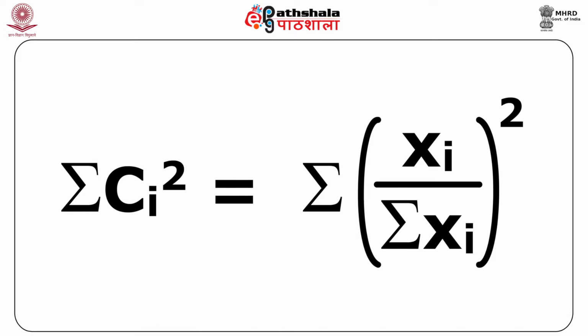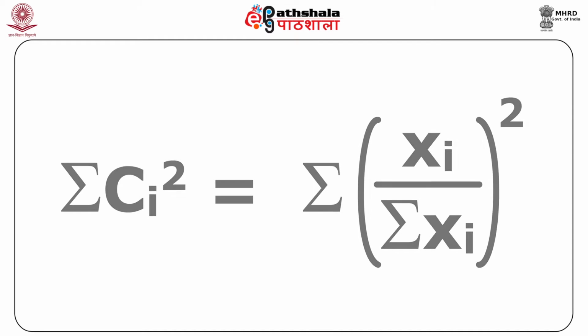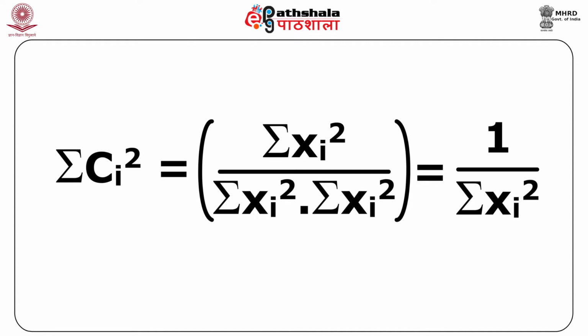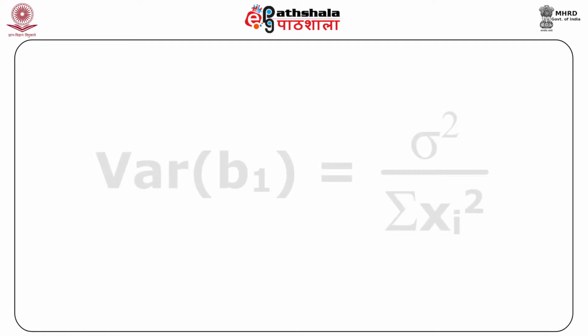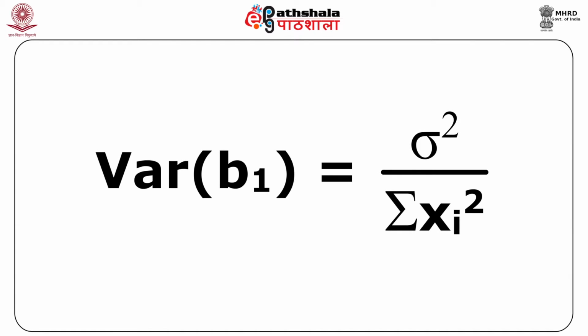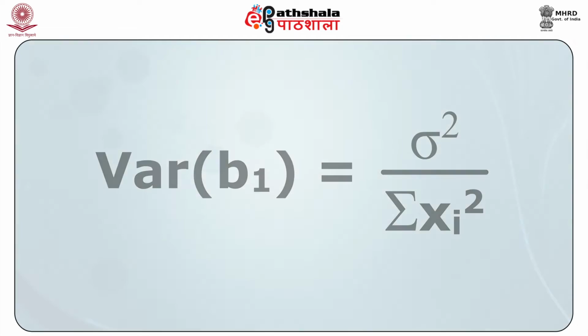Squaring and introducing summation, ci square is equal to summation xi divided by summation xi whole square. Summation ci square is equal to summation xi square divided by summation xi square into summation xi square is equal to 1 upon summation xi square. Variance b1 is equal to sigma square divided by summation xi square.